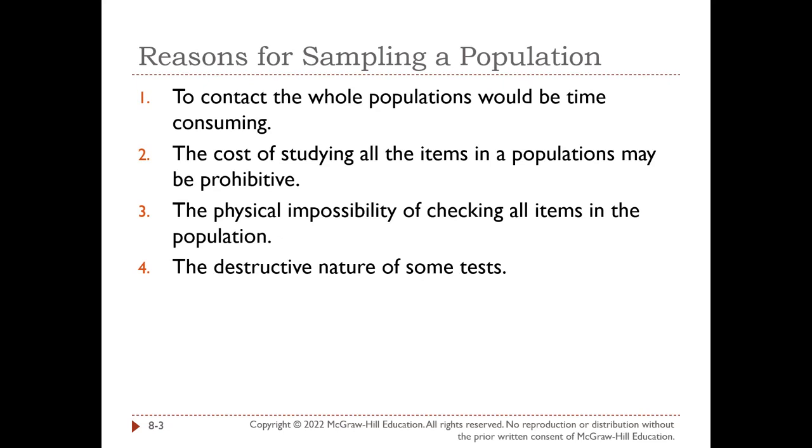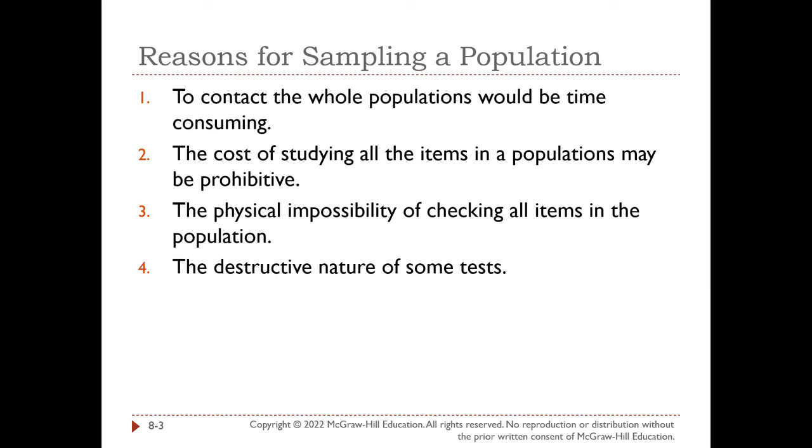So, reasons for sampling a population. One, to contact the whole population would be very time consuming. That is always key there. Sometimes they're taking the whole United States, they're taking this whole area, and if you want to try to actually contact each one, it's going to be like good luck.